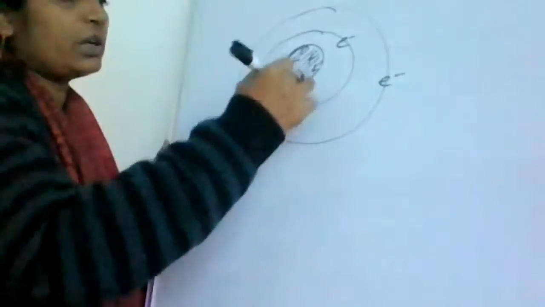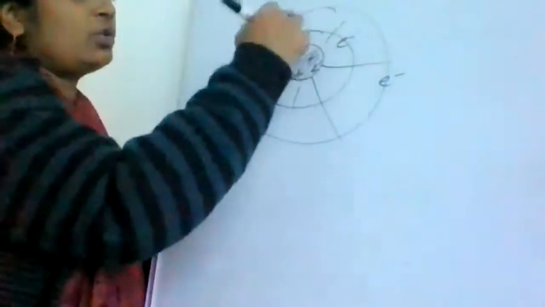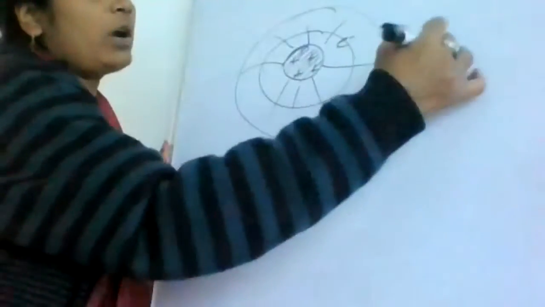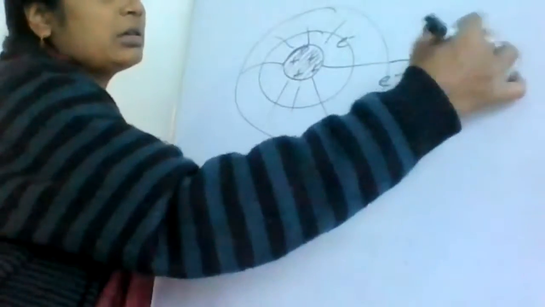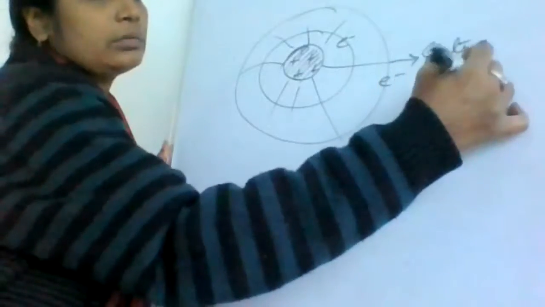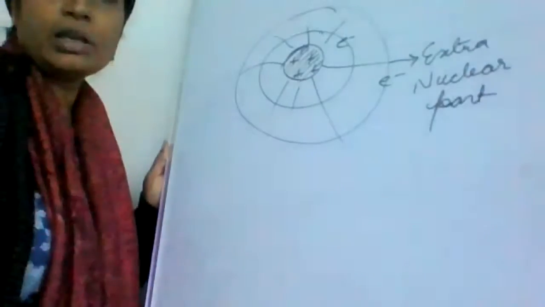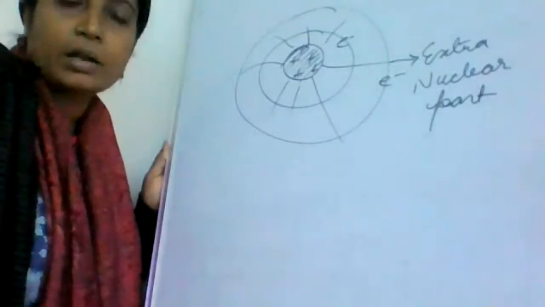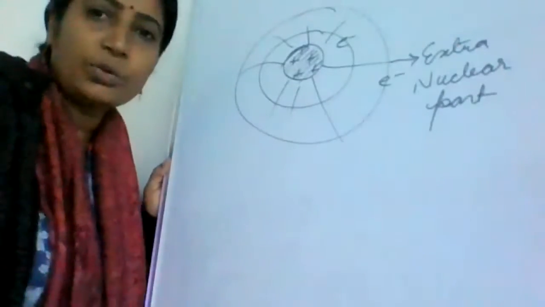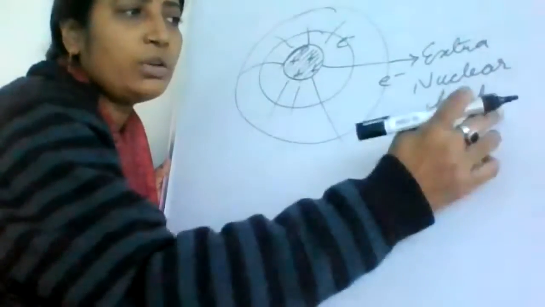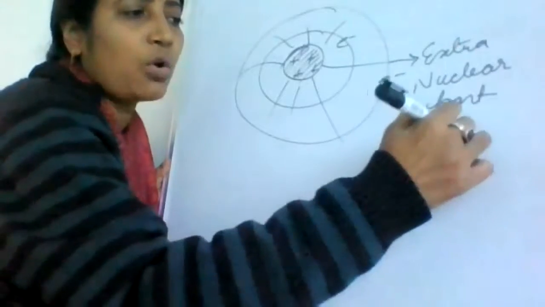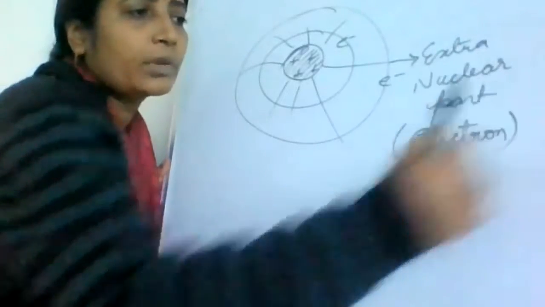So this portion, excluding nucleus, is called extra nuclear part. And what is present in the extra nuclear part? In the extra nuclear part, electron is present.